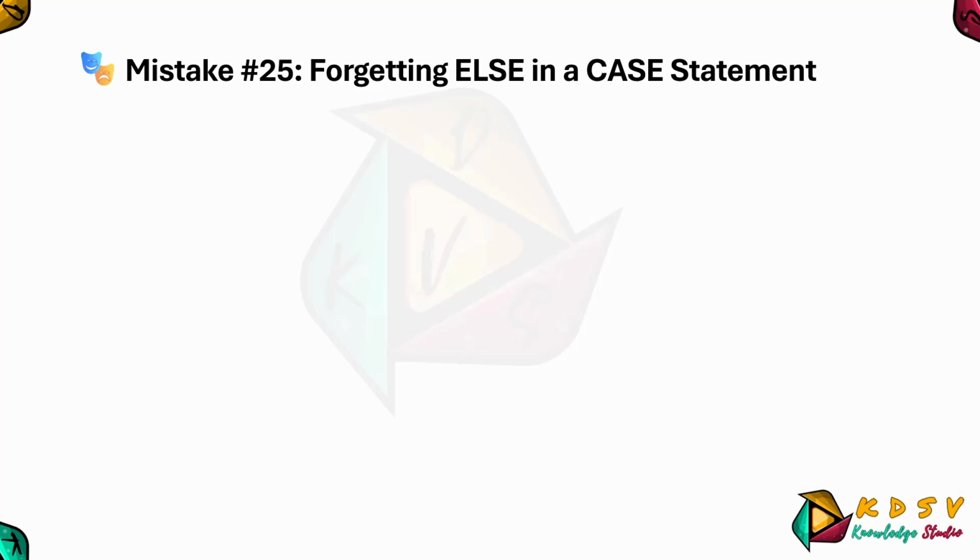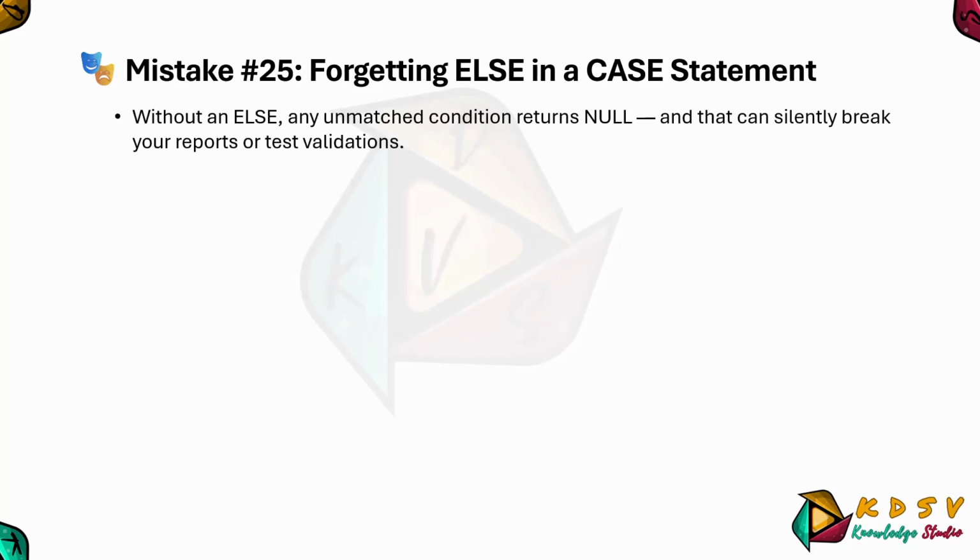Mistake number 25, forgetting else in the case statement. Without an else, any unmatched condition returns a null value, and that can silently break your reports or test validation. For example: case when score is greater than 90 then A, and we are ending it. Here we are not telling what should be done if score is equal to 90 or less than 90.